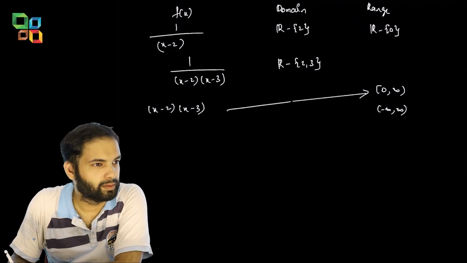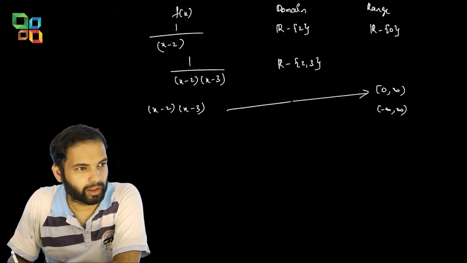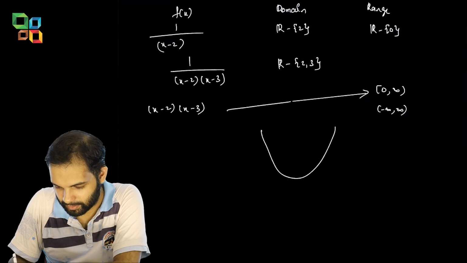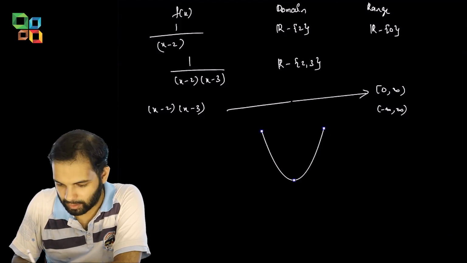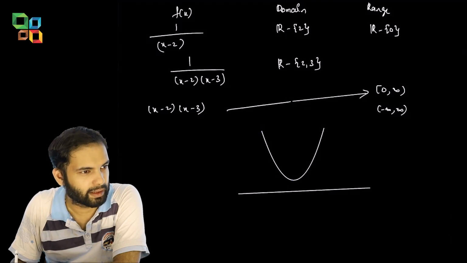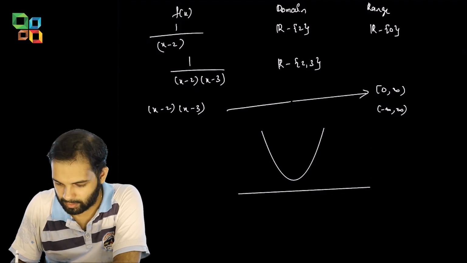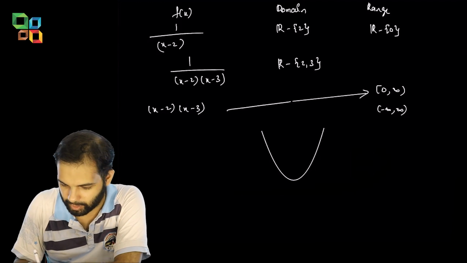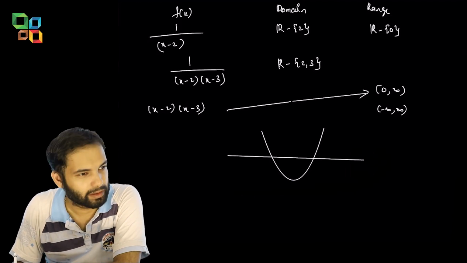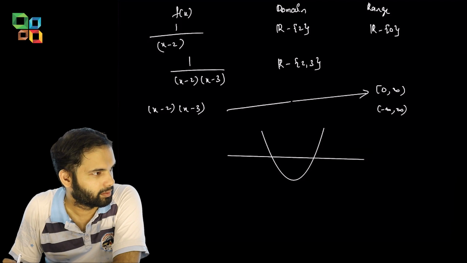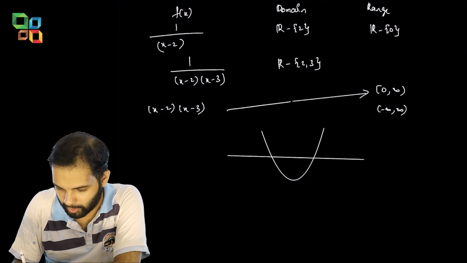You said you tried the graph. What's the graph? Okay. So it's something like this. This is the graph. Okay. Do you have any idea where this x-axis is? They cut. So this should be the x-axis. Is this fine? Okay. What about the y-axis?